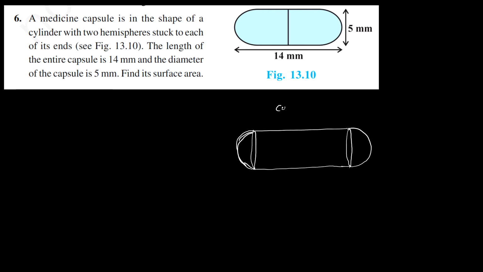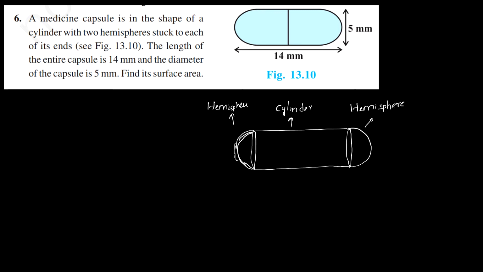Now this is a cylinder, and this is a hemisphere, and even this is also a hemisphere: cylinder and hemisphere, and the total length of this capsule is 14 mm.